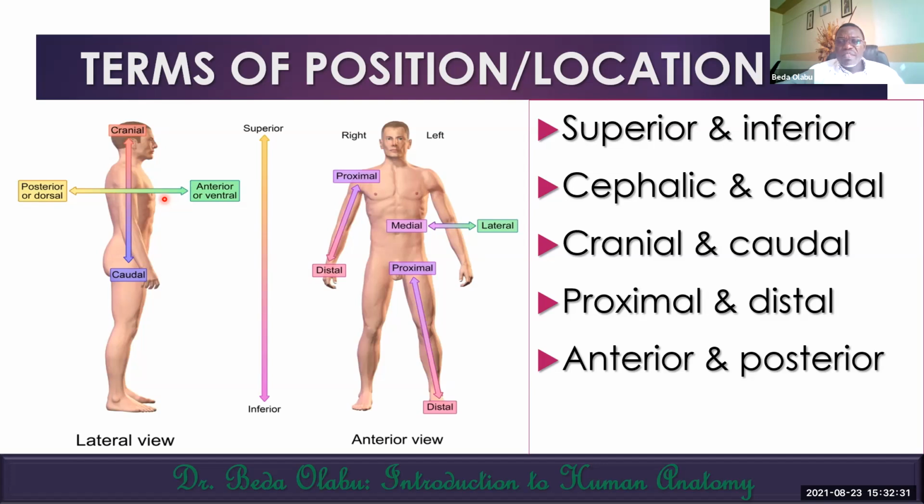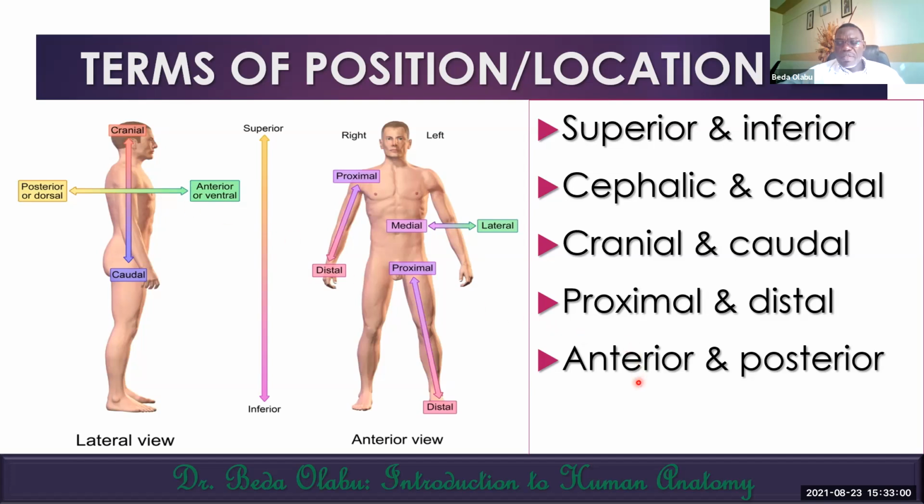I can say that the sternum is anterior to the heart. I can say that the nose is anterior to the throat. So something in front is anterior, compared to another one that is behind, which is posterior.